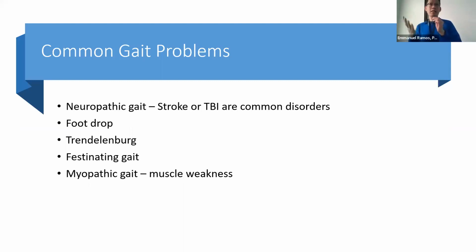For TBI patients, traumatic brain injury, they suffer a trauma to their head or brain. So they're very ataxic. They walk very unsteadily, and they feel like they're going to fall down all the time. They're almost shaking all the time, okay? Foot drop. Patients who suffer from, let's say, nerve damage in their feet.